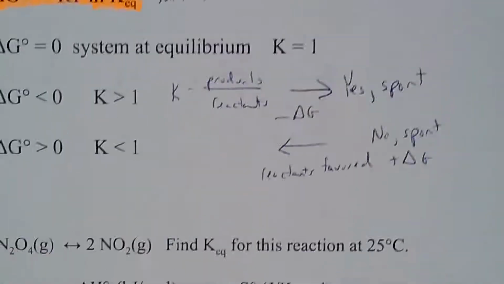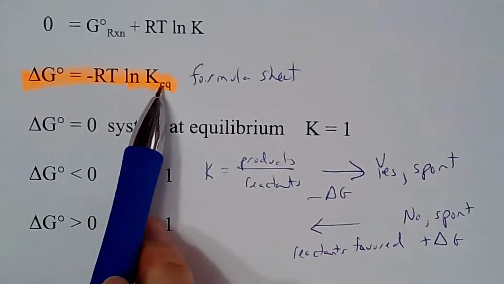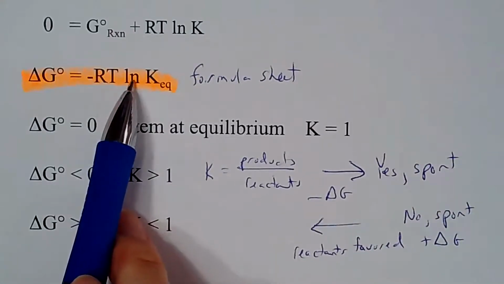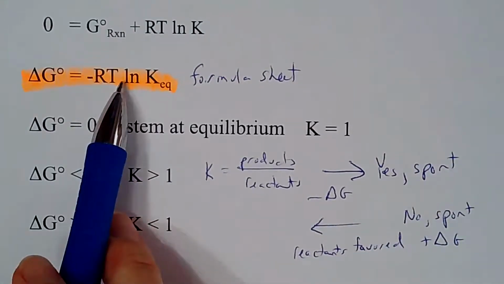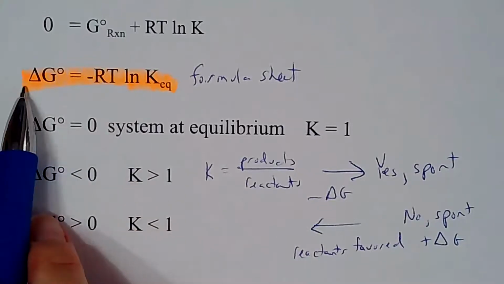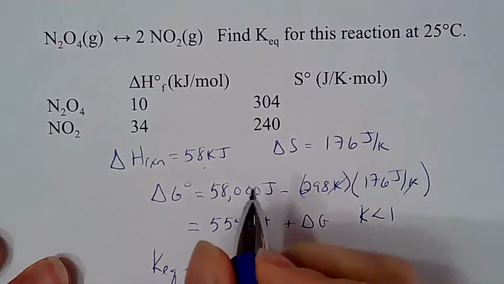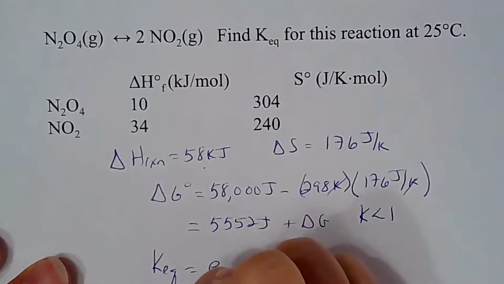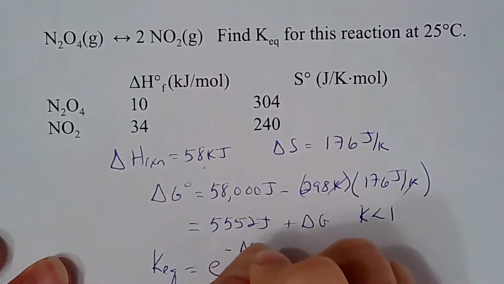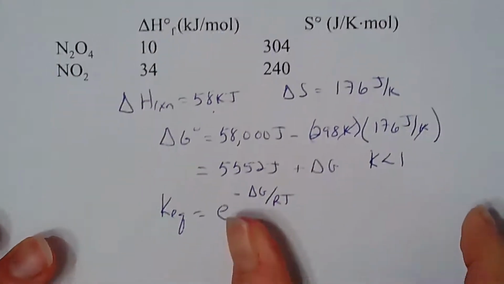So how do I solve essentially for K? So I'm going to have to bring the R and the T to be below, so K eq is going to have to be e to the negative delta G over RT.